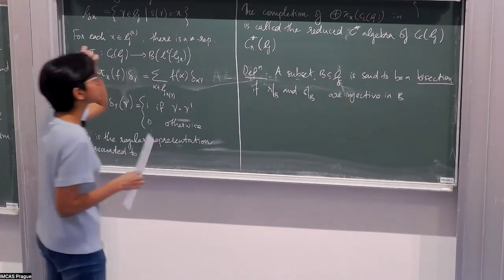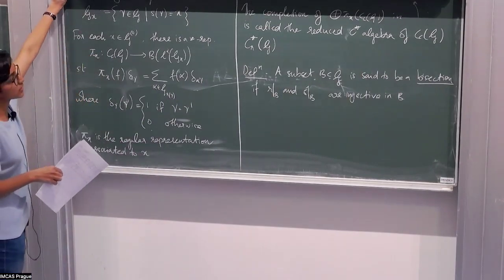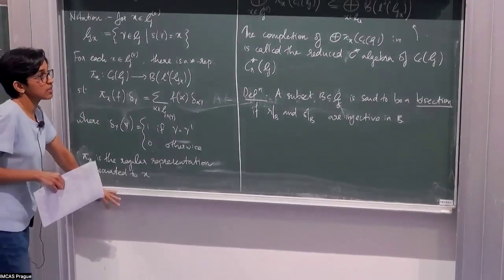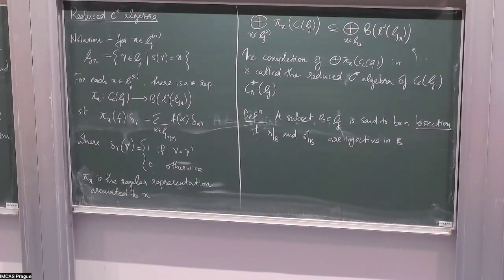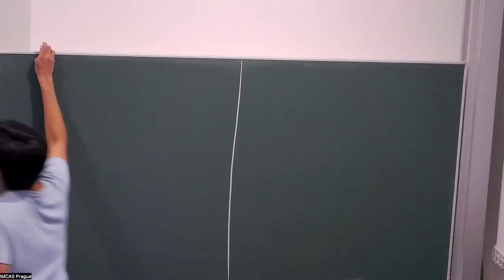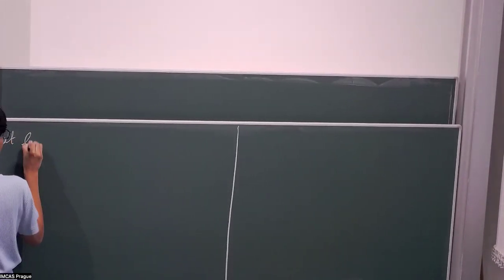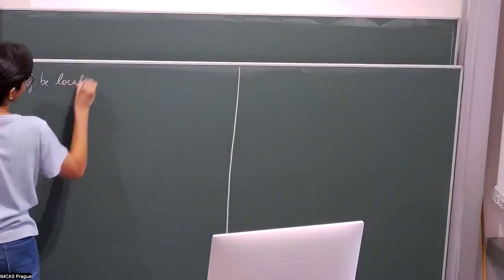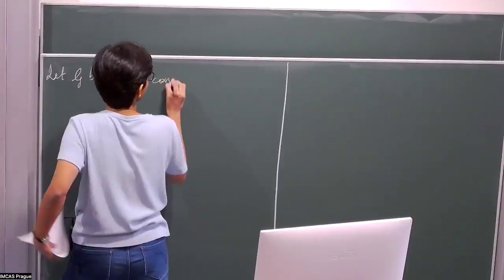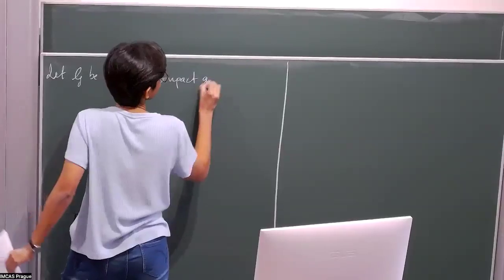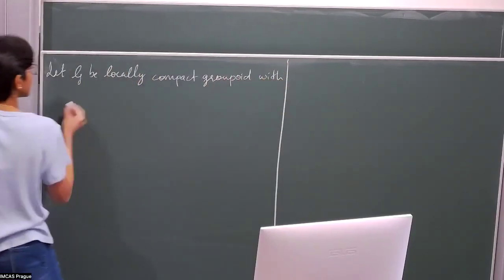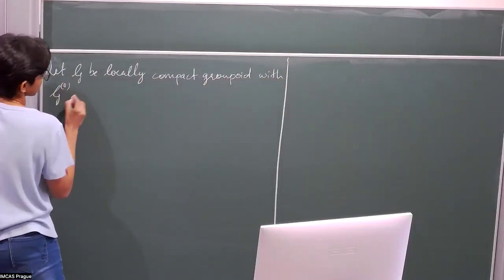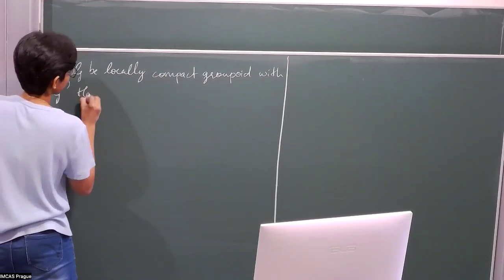Now the construction of the reduced C-star algebra and the full C-star algebra that we did here was for the Hausdorff case. And now we don't assume that anymore. Now let G be a locally compact groupoid with the unit space G naught Hausdorff.